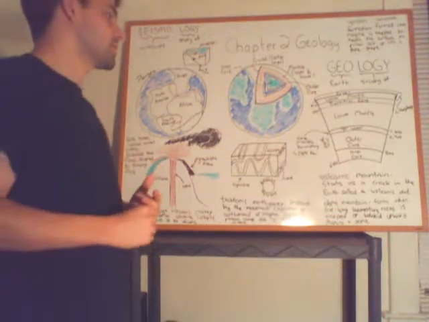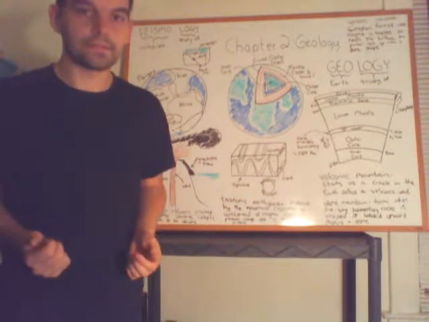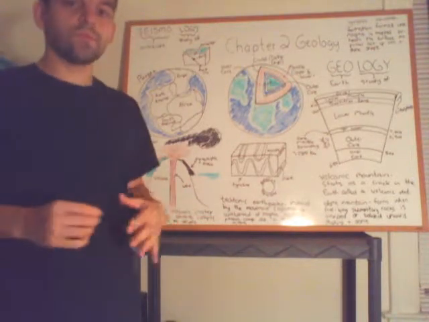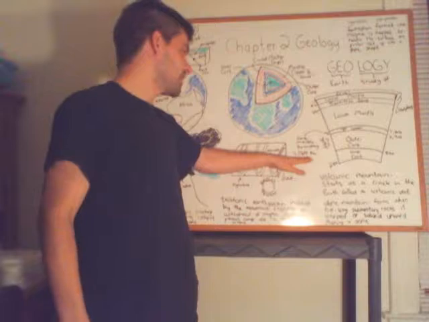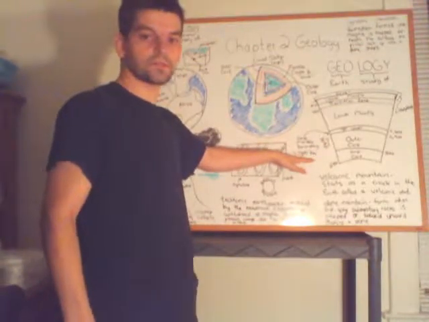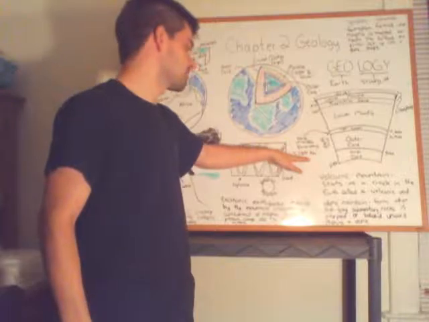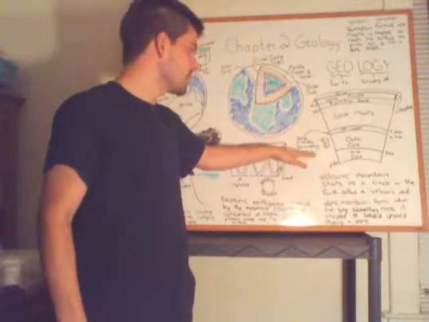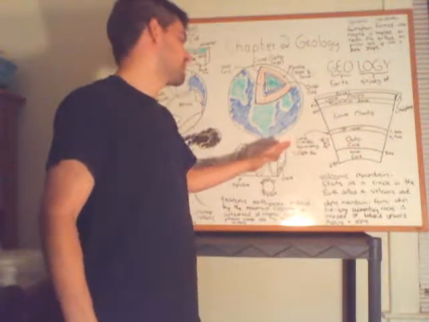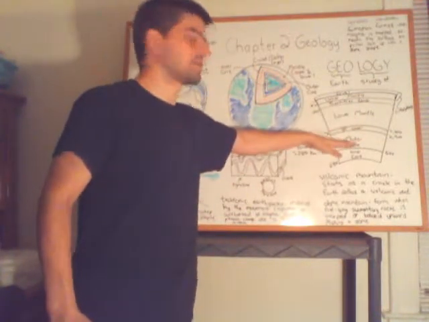Core mantle boundary. Now, this is kind of the same idea as the transition zone, but with a different name. And more specifically, it's not a zone. It's located at a particular point underneath the Earth's surface at 2891 kilometers, and it is the separation boundary between the lower mantle and the outer core.